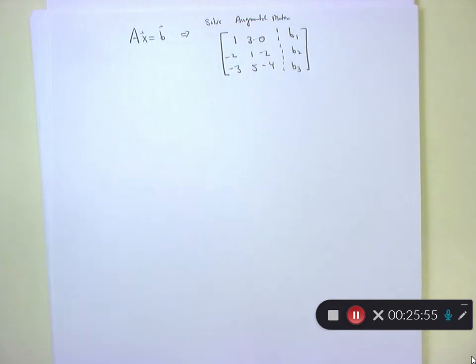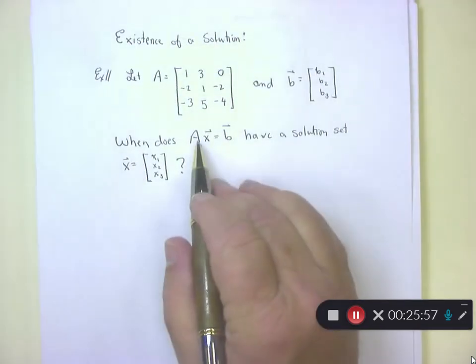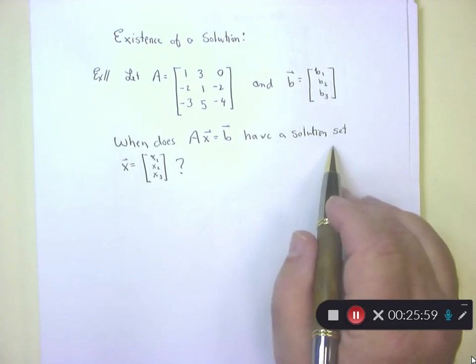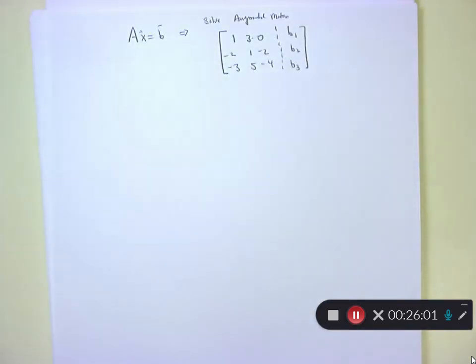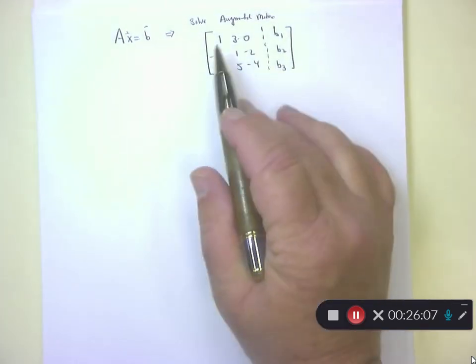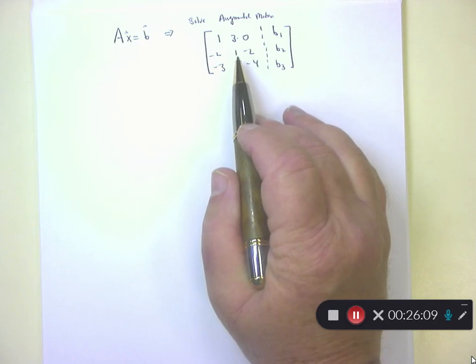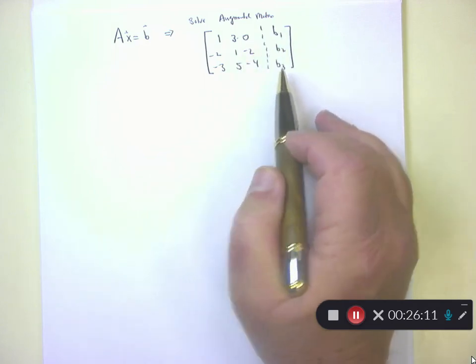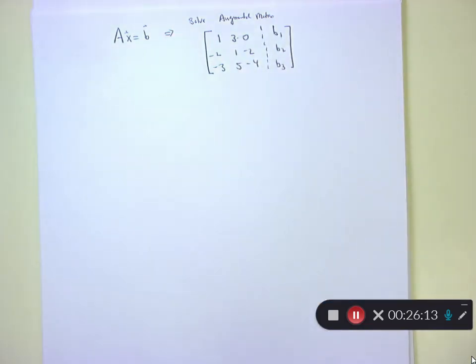So again, remember what the question is. When does this AX equals B have a solution? Is there a certain kind of condition that's going to make this have a solution? All right? So now that we've taken the matrix A augmented with the arbitrary B, we want to get a feel for what B is going to look like.